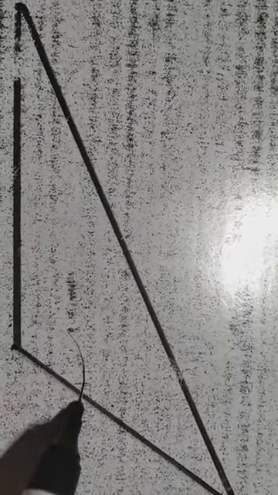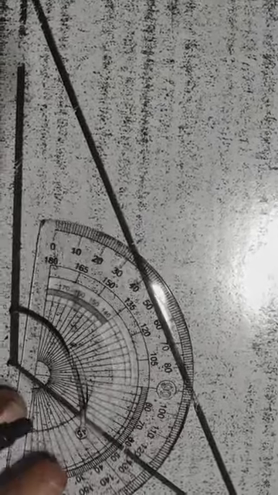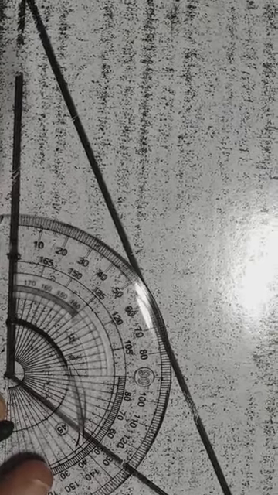The third type of triangle is obtuse angle, which means one angle is obtuse. Like we measure this angle, not one angle, all angles are kind of obtuse.